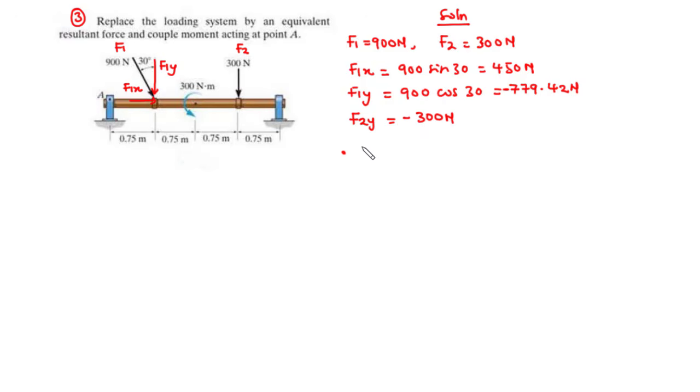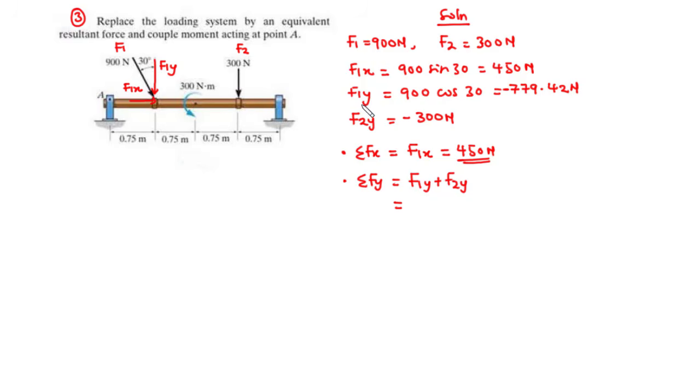Now let's find sum of Fx, and that is equal to F1x. So that is equal to 450 newtons, and then sum of Fy, that's going to be F1y plus F2y.